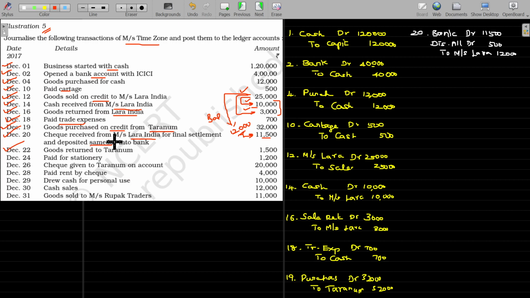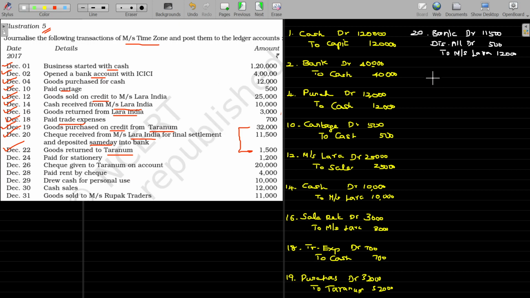22nd December, goods returned to Taranam, 1,500. So from Taranam we purchased for how much? 32,000 rupees. Out of that, 1,500 rupees worth of goods unfit is returned. This is purchase return.